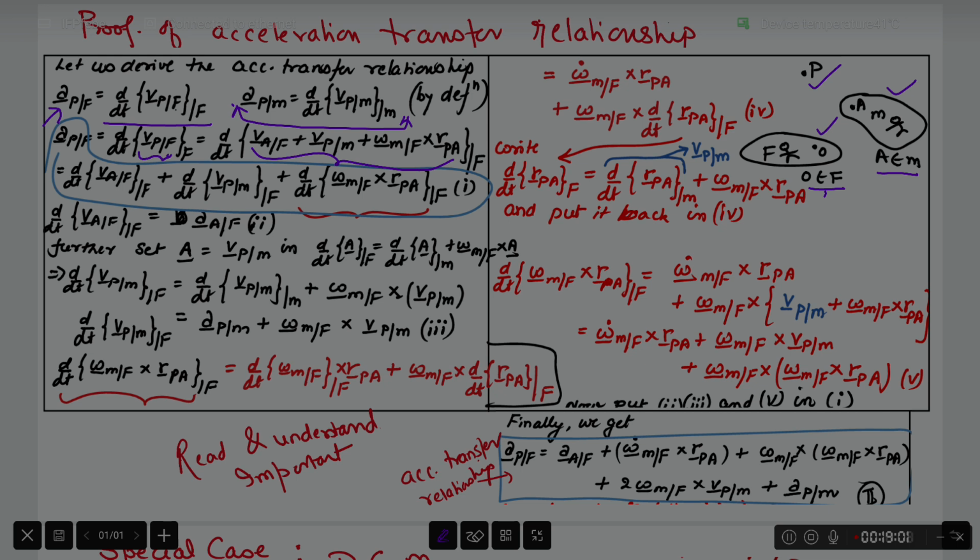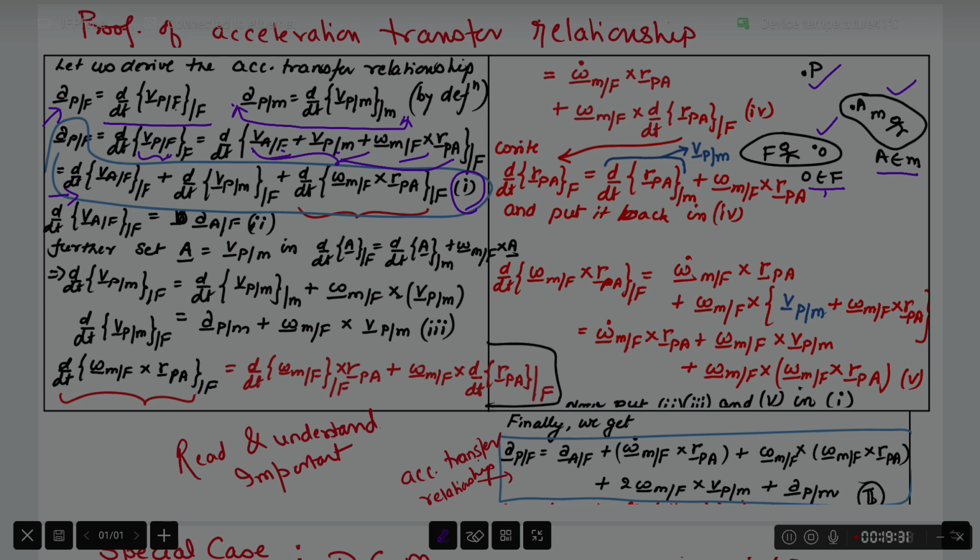So VPF is being replaced with the three terms: VAF, VPM, plus omega MF cross RPA, the relationship I derived on the previous slide. Now we allow this derivative operator with respect to F to distribute itself over the three individual terms here, and this is what we get. I call this equation 1.